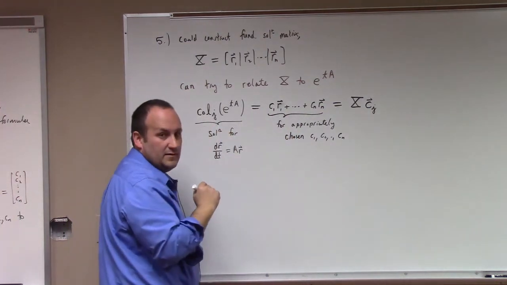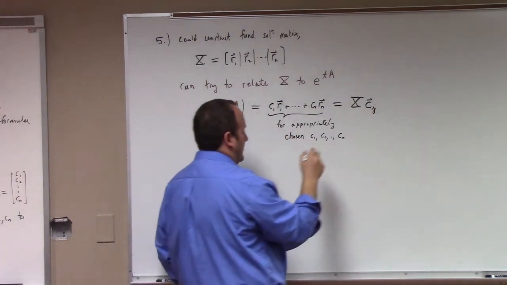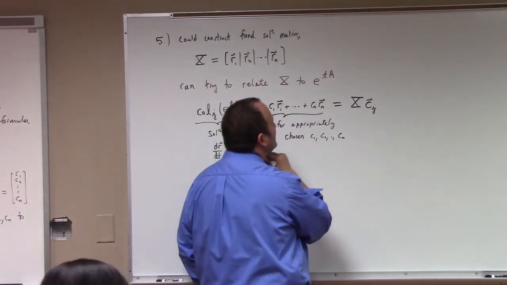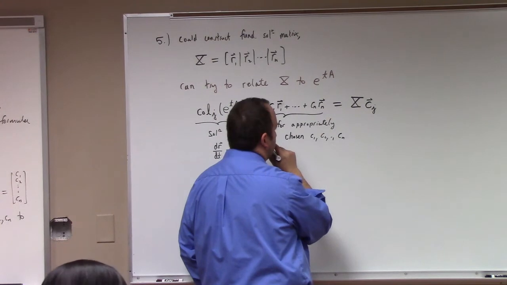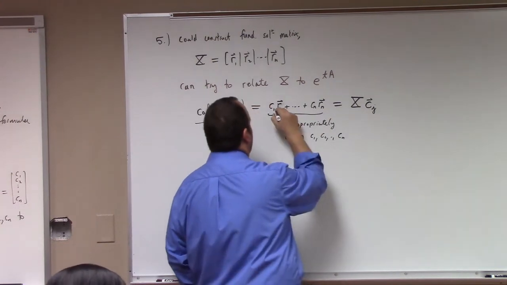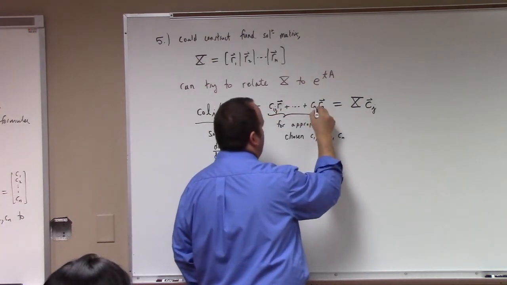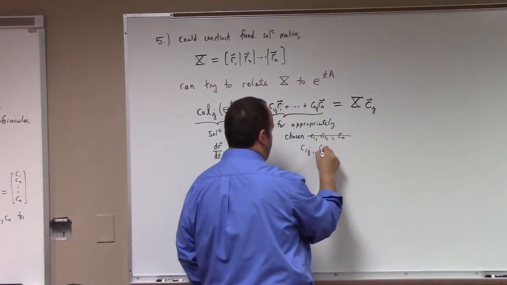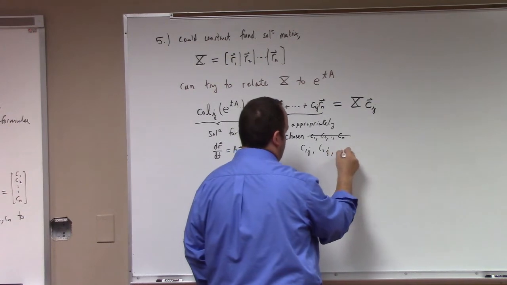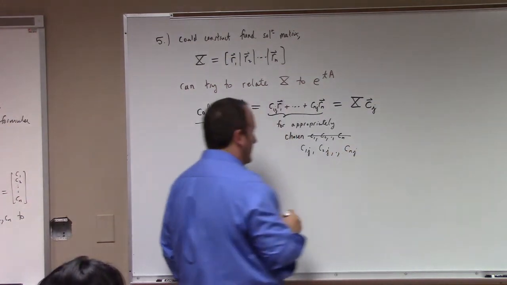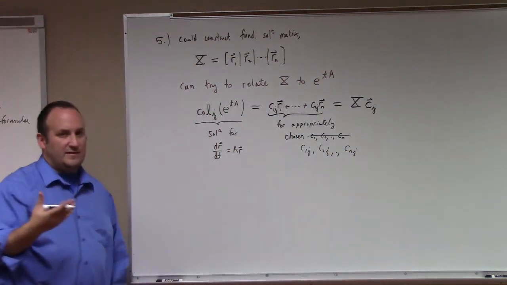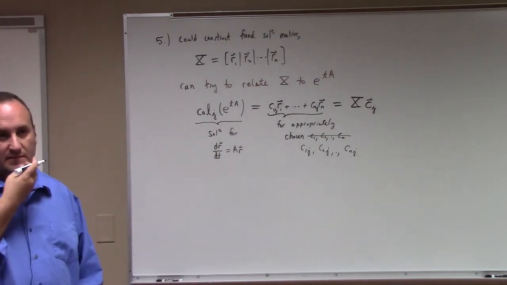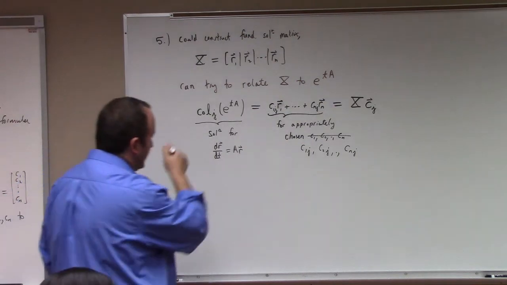So I better add a j to these: c1j, c2j, cnj. Because I need a different set of constants for each column in the matrix exponential.